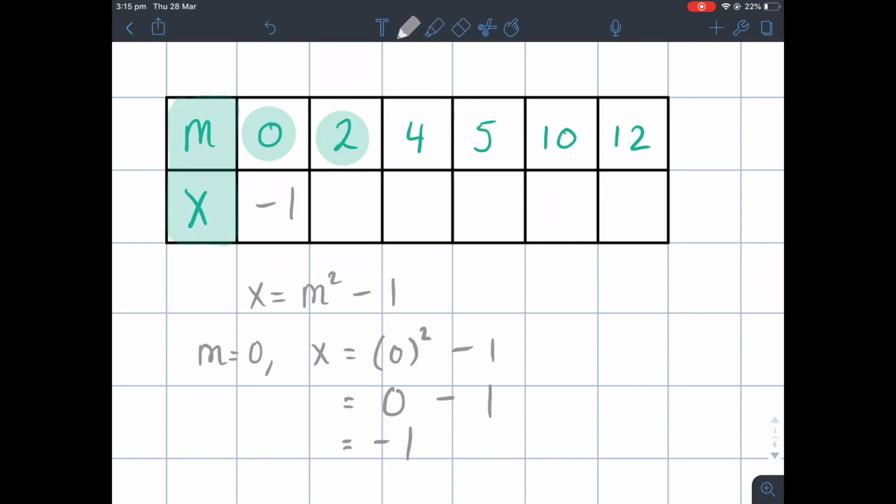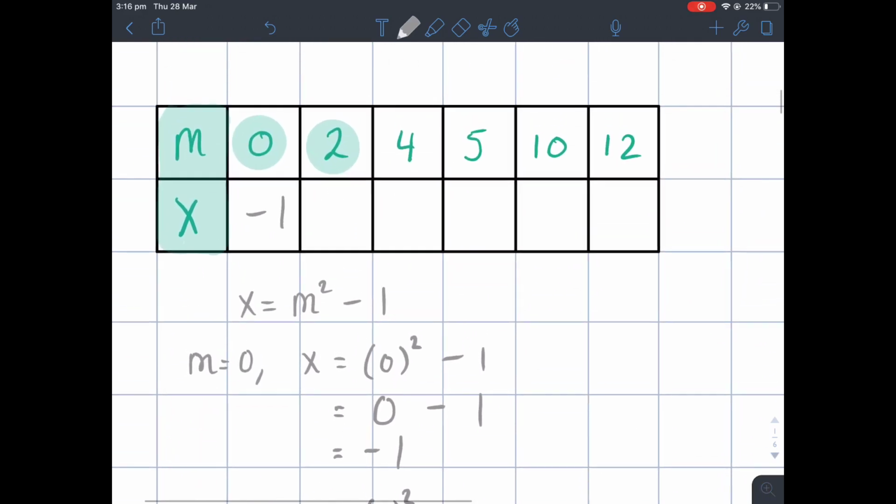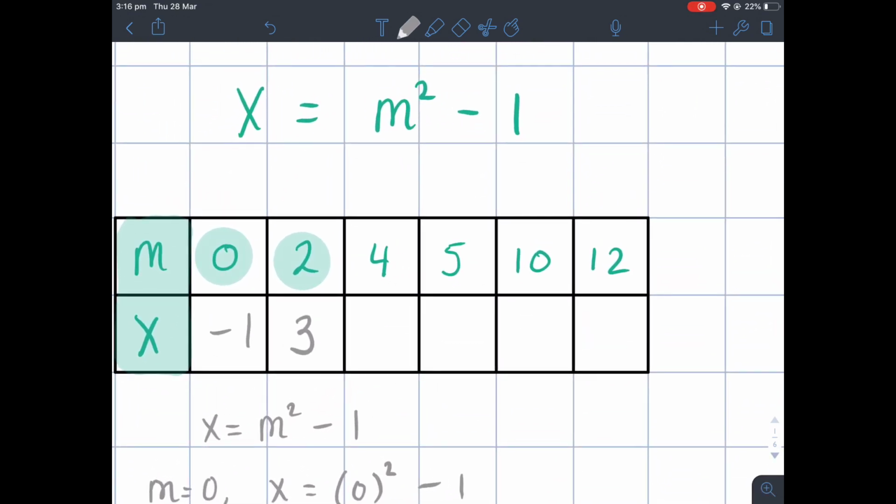Now, if we let m equal 2, so again, we'll work through this. So m is equal to 2. That means x equals, this time, 2 squared minus 1. 2 squared is 4, minus 1 gives us 3. So that means when m is equal to 2, x is equal to 3. Now we can go through and work these out for the rest of them.